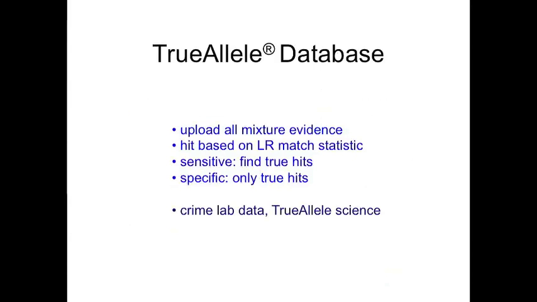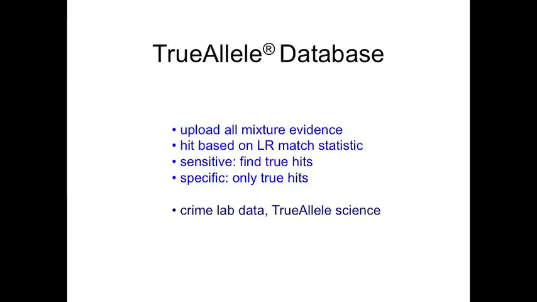A TrueAllele database can upload all the mixture evidence, and the associations that are made, the hits, are based on match statistics, based on real math. It's sensitive, as we saw in the study an hour and a half ago, and in many other studies, in that it finds the true hits. But the reason this architecture works is that it's specific. It doesn't find false hits. It really only finds true hits because the math is right.